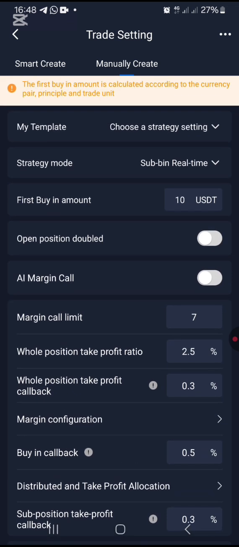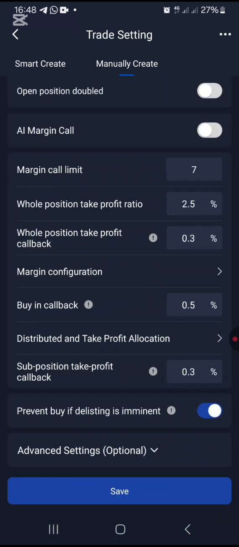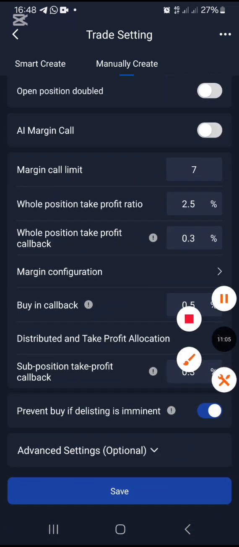So if I remove AI margin calls, I'll instruct this bot to buy when the drop reaches 4%. So that is a strategy we want to add just 2.